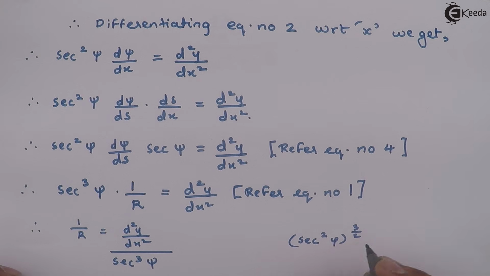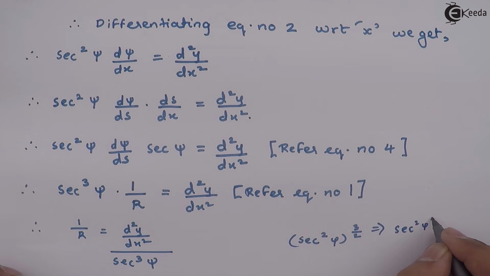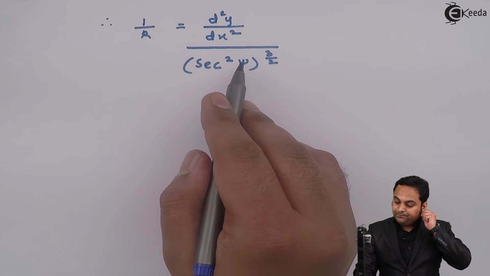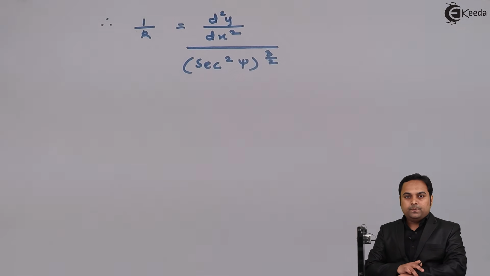When this term gets multiplied, that will be sec square psi into 3 by 2, so 2 and 2 get cancelled, and I have the same term sec cube psi. So sec cube psi can be written as sec square psi in brackets raised to the power 3 by 2.